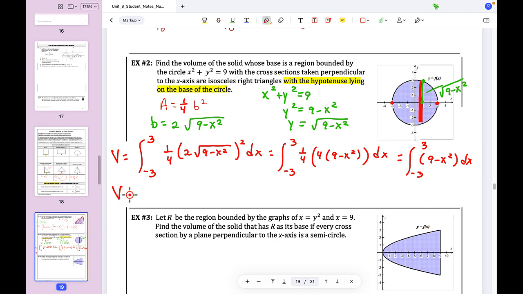Okay, so the volume equals 9x minus x cubed over 3, going from -3 to 3.